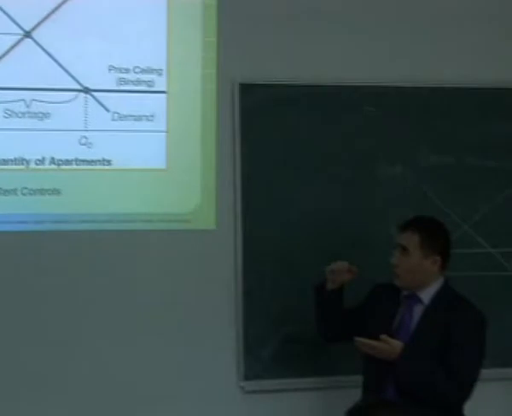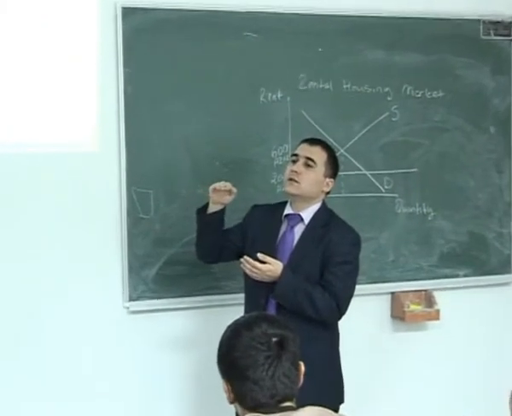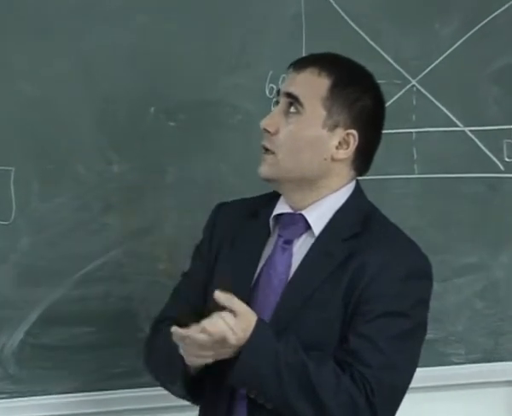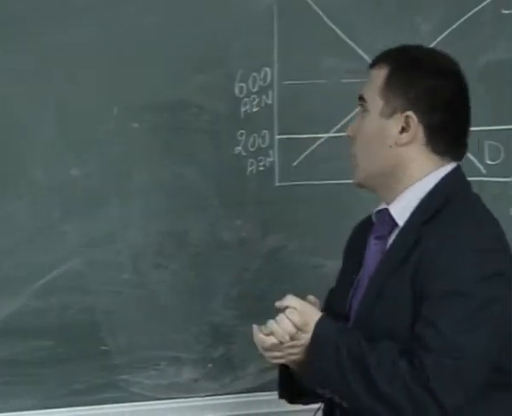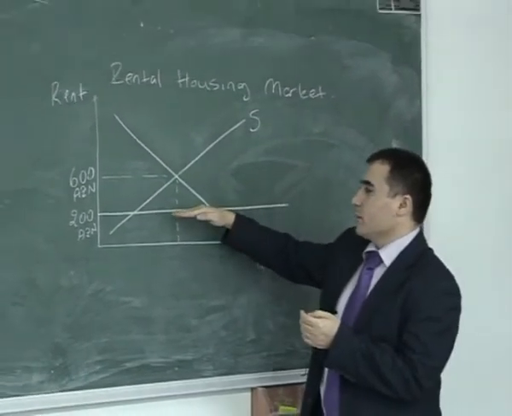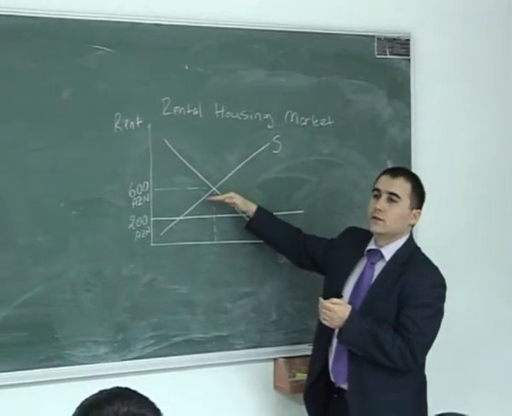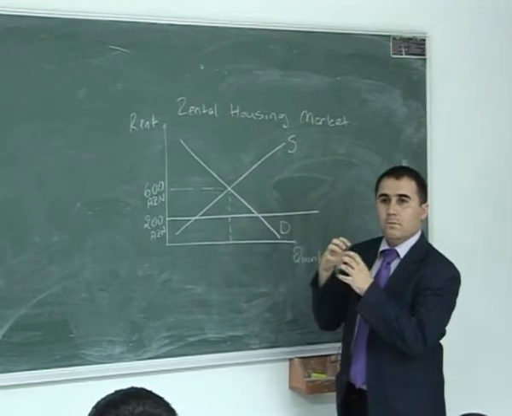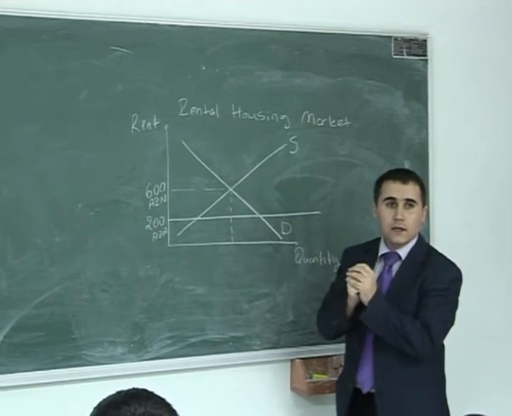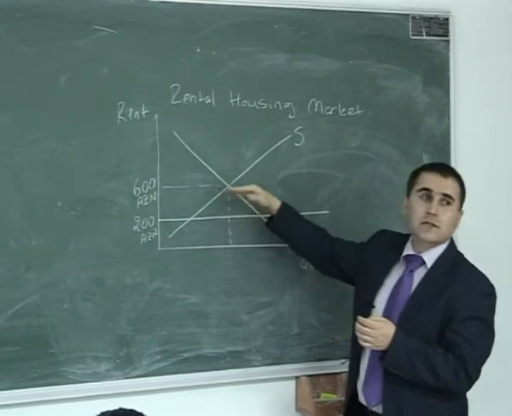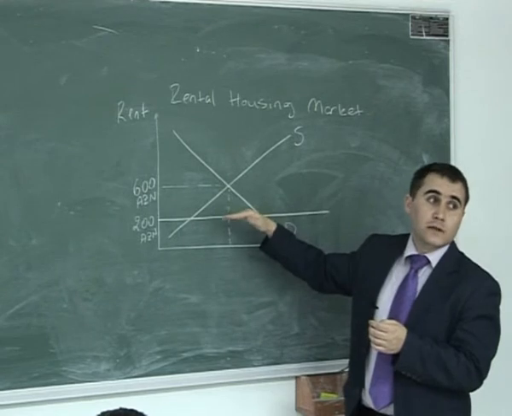But when you set up that price, then you have a binding price. It doesn't let you go over it. It doesn't let you make a transaction for a rental house higher than this price. So we call it binding.